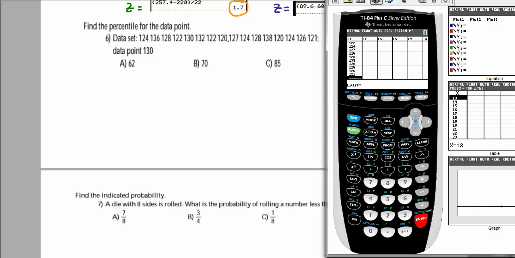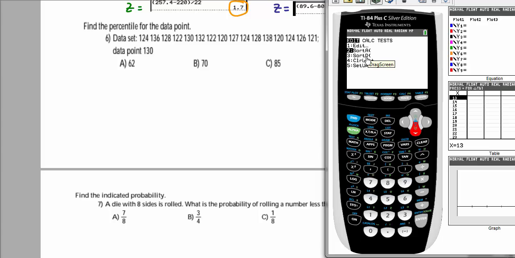Now to find the percentile, I need to order these. So the command to order these is to go into stat. Now I have two options here: sort A, which means ascending, getting larger, and sort descending, which means getting smaller.